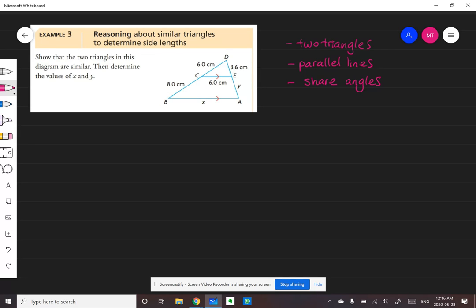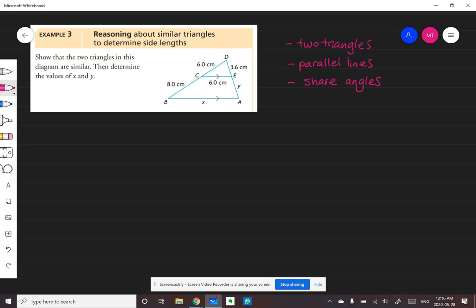And then in terms of our unknowns, we're looking at x and y. So first of all, let's put these observations down in a little bit more mathematical notation.